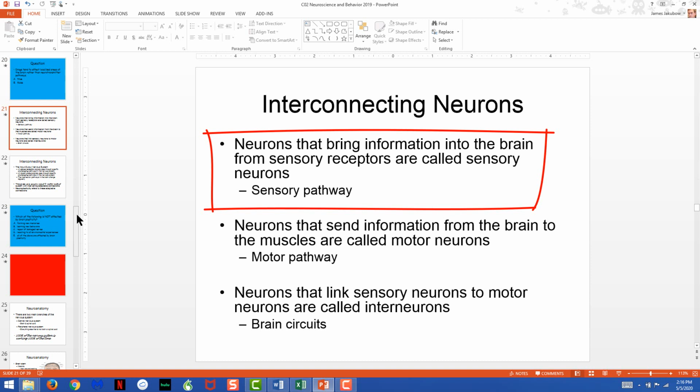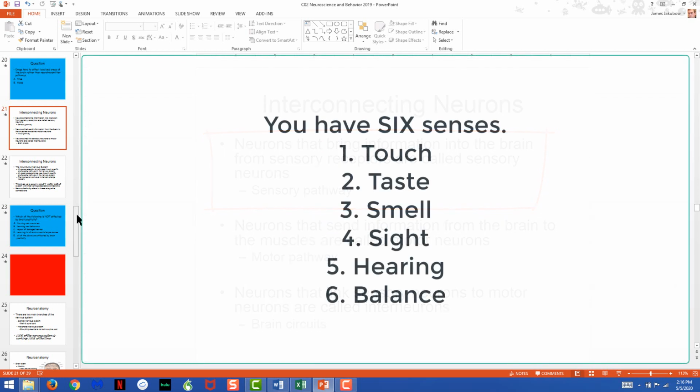You have the capacity to recognize the position of gravity, so a sense of balance. And in fact, it's very important to recognize now that of the sensory pathways that you have, if I were to ask you how many senses you have, the most common answer people say is 5, but the correct answer actually is 6.